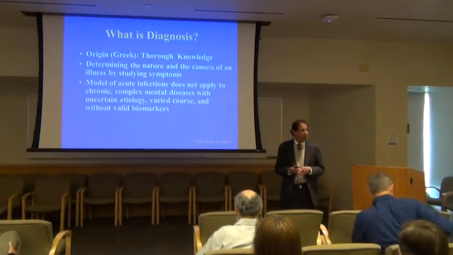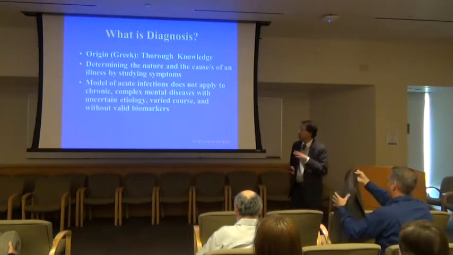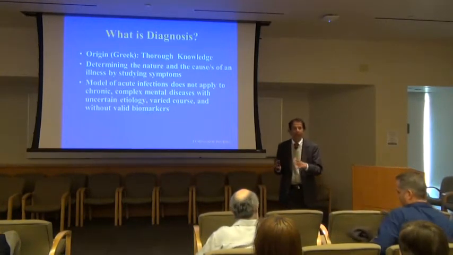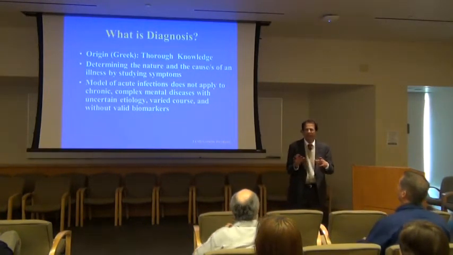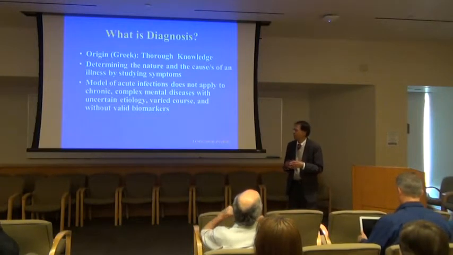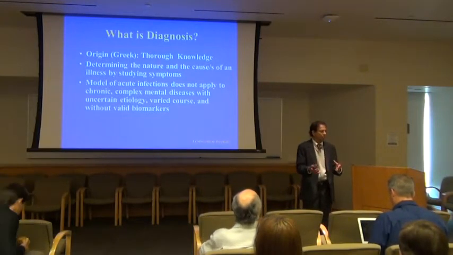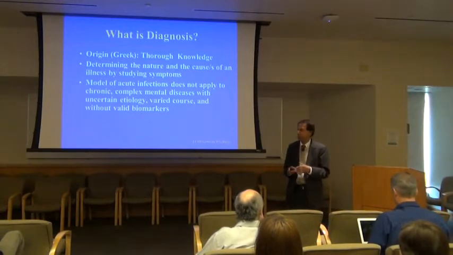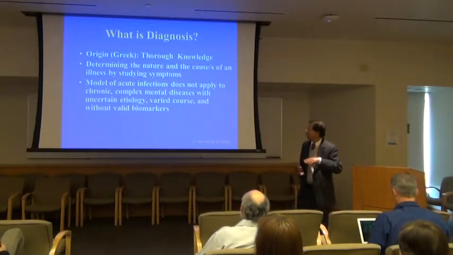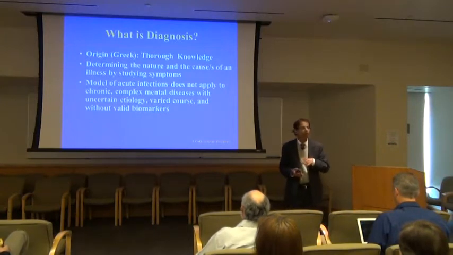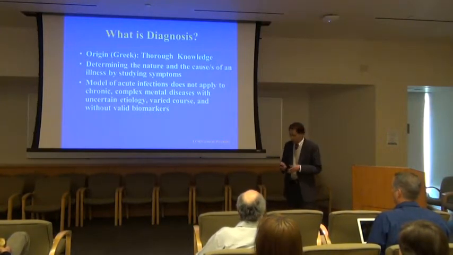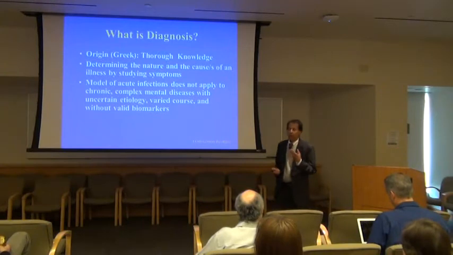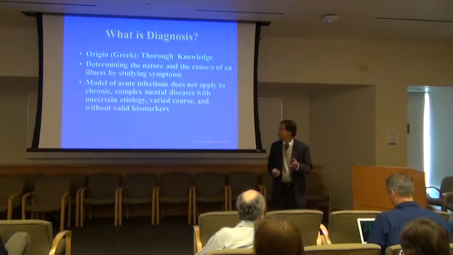Unfortunately, that doesn't apply to most of the chronic complex diseases in general. For example, diabetes. The diagnosis of diabetes doesn't tell you anything about exactly what kind of a patient you may have. Patient may be in diabetic ketoacidosis or may have very mild diabetes. When it comes to mental illnesses, actually it becomes even more complicated because here we don't know the etiology in most cases.